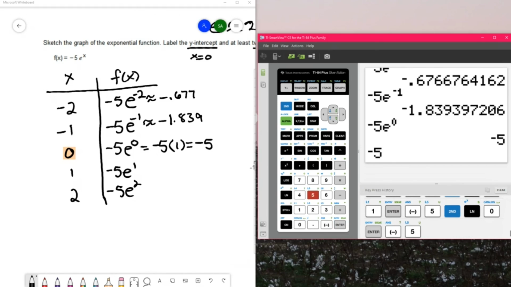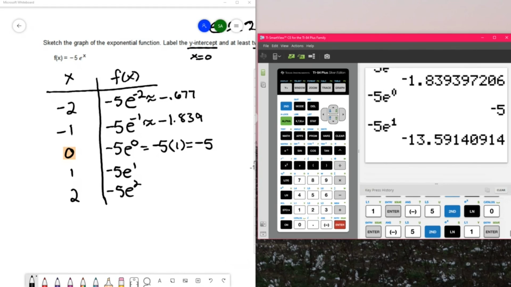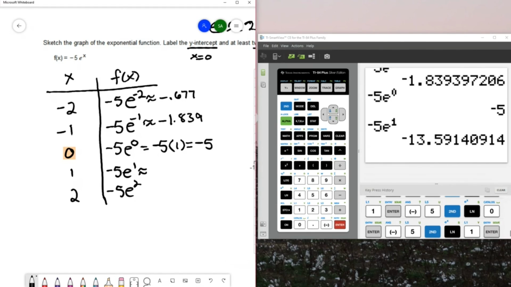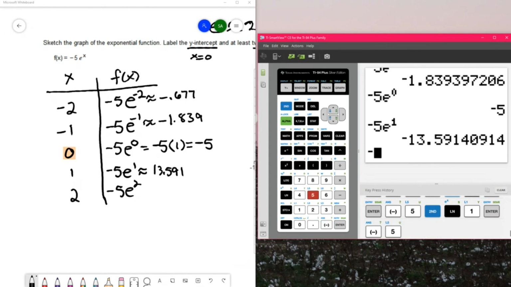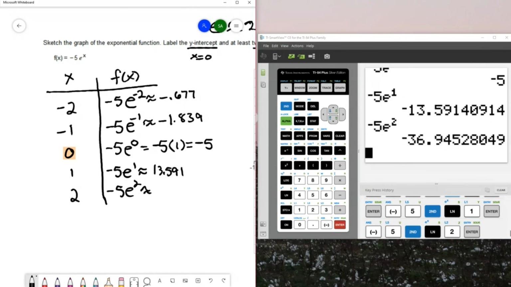Negative 5e to the first power is approximately negative 13.591. We have negative 5e squared is approximately negative 36.945.